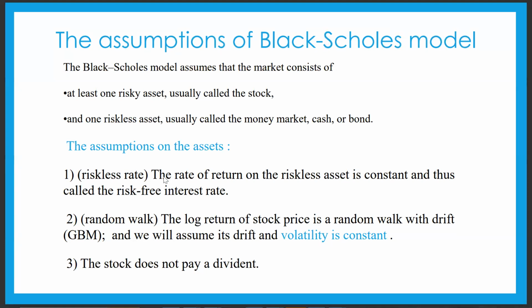It's an assumption that the rate of return on the riskless asset is constant, both for lending and for borrowing operations. But you know that if you want to borrow money, it is one interest rate. If you put your money in a bank account, it's another interest rate. So it's not constant.